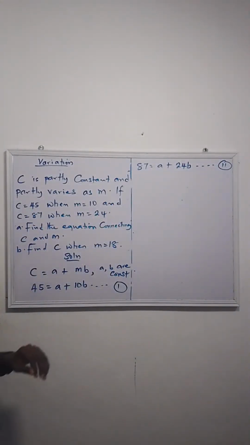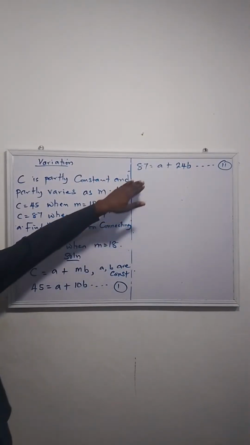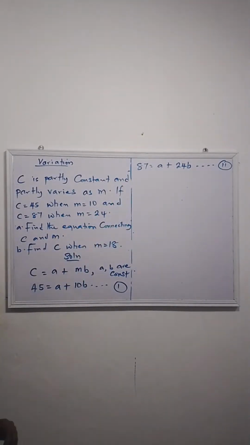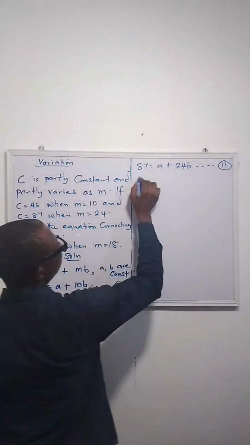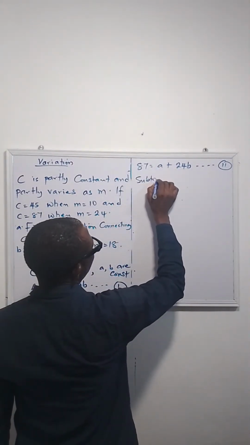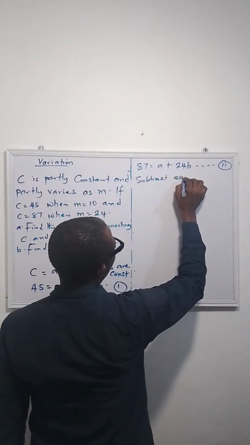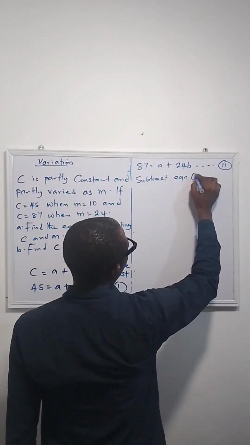All right, so what is the next thing to do? We have to solve these two equations simultaneously. So we subtract one from the other. Here we subtract equation 1 from 2.